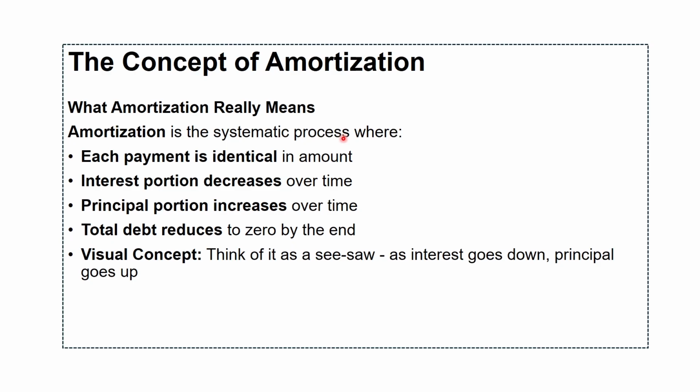Visualize it as a seesaw. That will be the best visualization. As interest falls, principal rises, building equity. For our 60 lakh loan, early payments are interest heavy, but by year 15, most go to principal, aligned with Indian borrowers' goal of being debt-free.